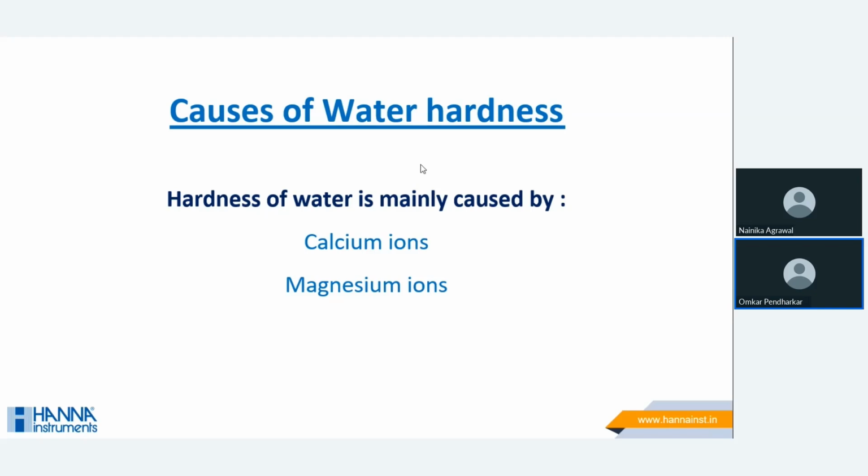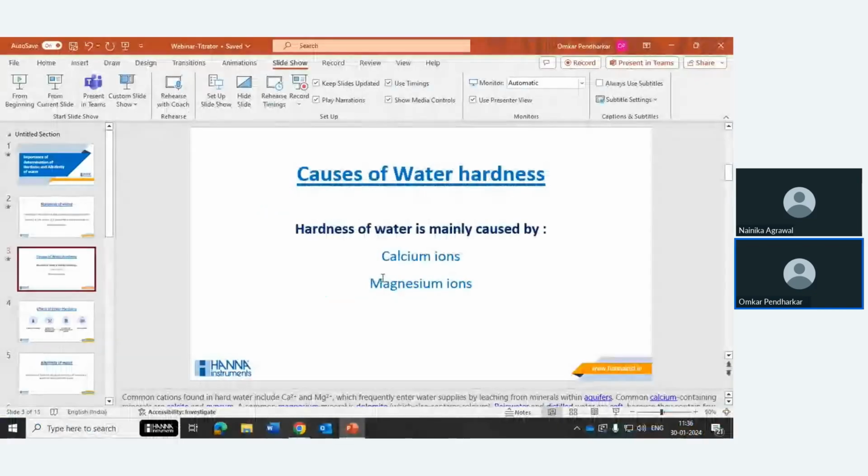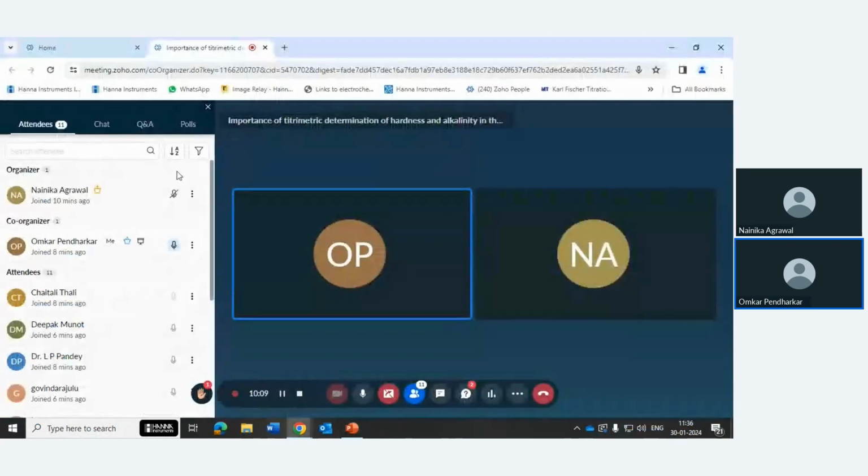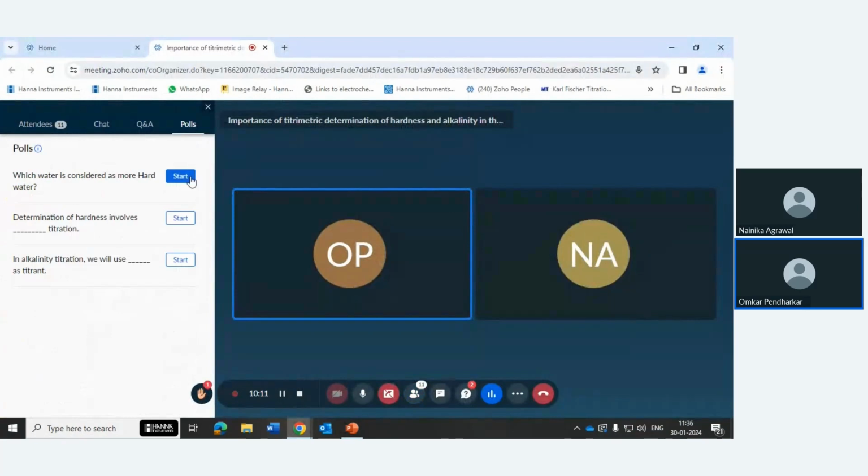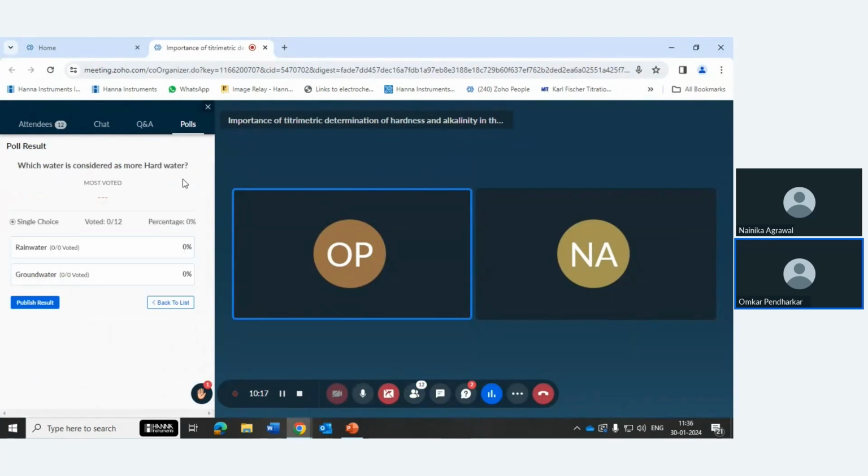So there is a poll for all of you. Just answer the question. You have the time of 30 seconds. The question is, which water is considered as more hard water?